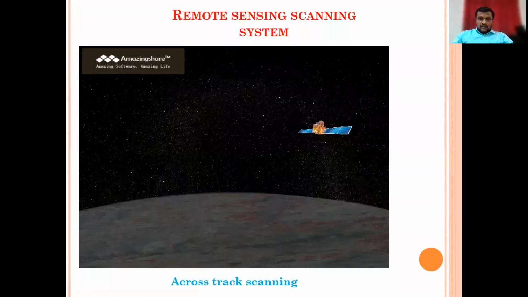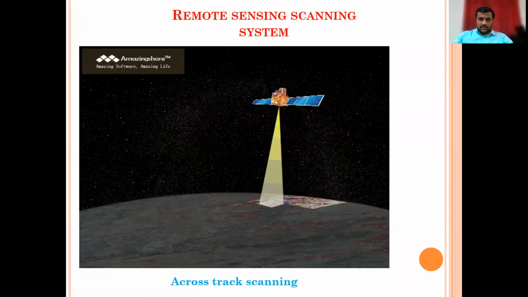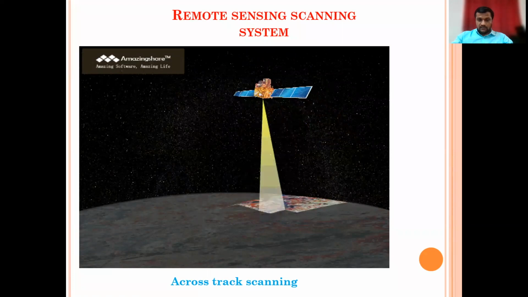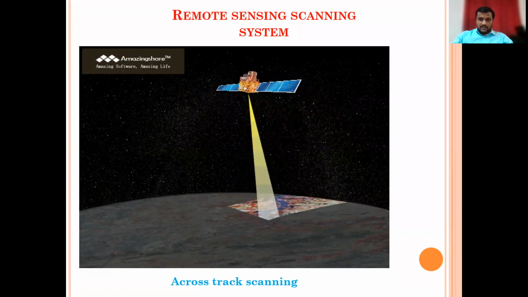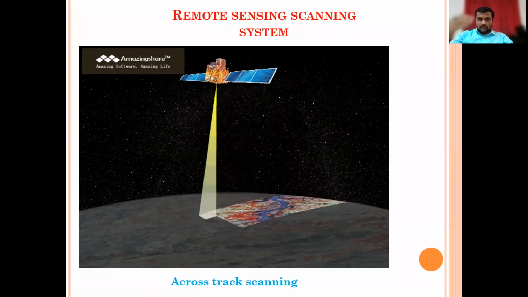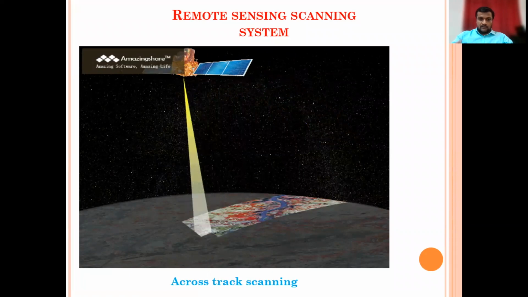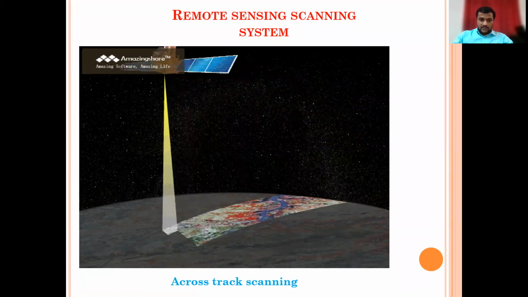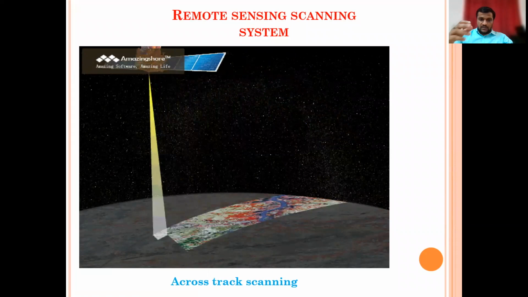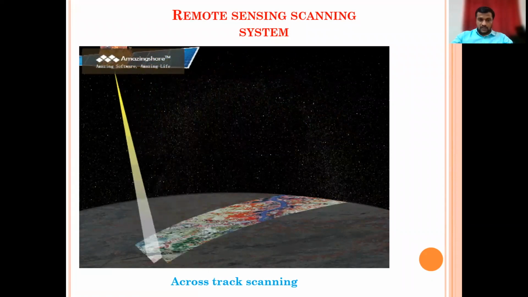The next slide, the remote sensing scanning system. Remote sensing also scans the Earth surface in two different ways. We can have across track scanning, in which the satellite scans the Earth surface across the direction of the flight, and the sensor is able to capture images over the Earth surface in a cross track mode.